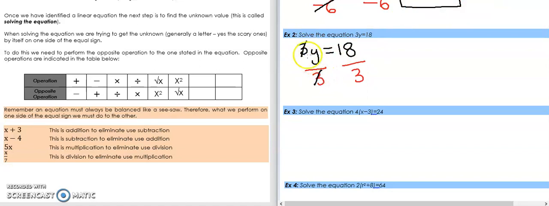So they don't cancel out to a 0 in this case, they cancel out to 1, or 1y. But when we have 1y, you just write the letter as is. So y is out by itself. But 18 divided by 3 is going to be 6. And that's our final answer for this example. And that makes sense. 3 times 6 is equal to 18. So this is the only answer that will yield this equation here.